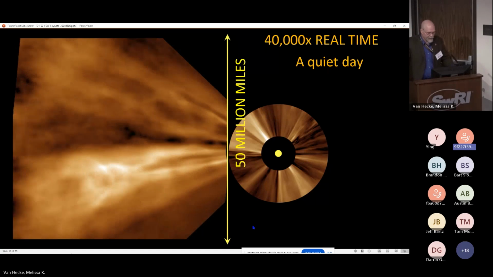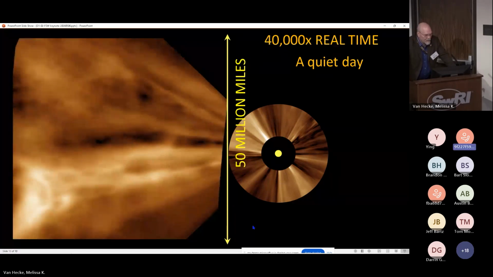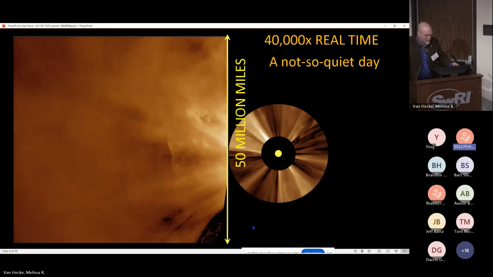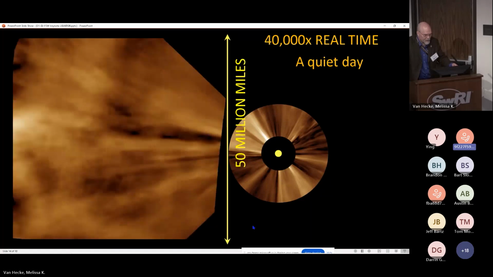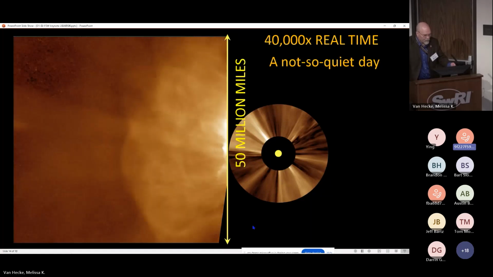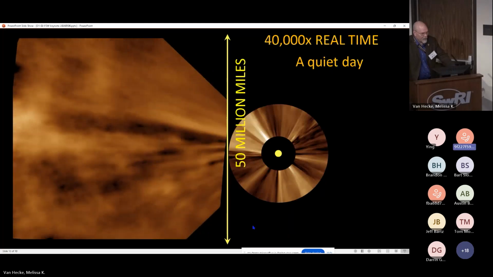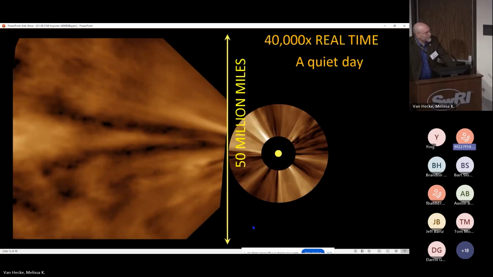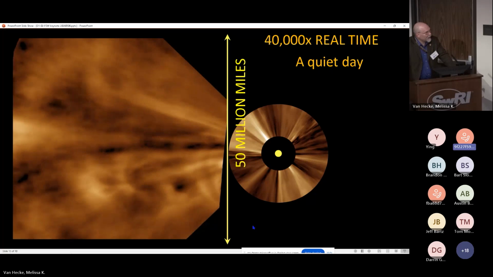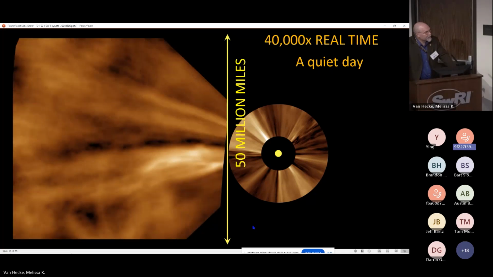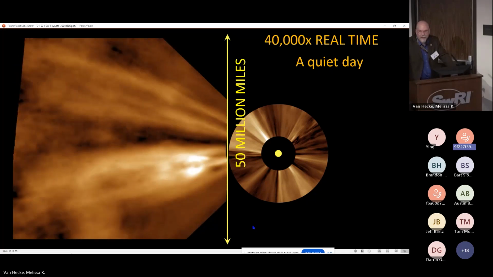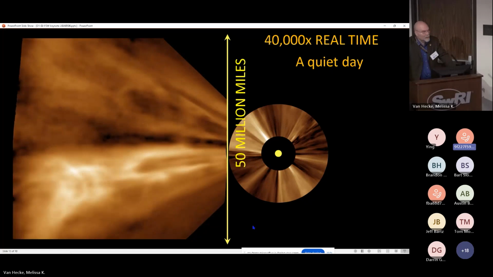What happens a little farther away from the sun is, whoops, I thought I had some markup on here, but I don't, so I'll just call it out. Let's go back. There. Down near the base of this outer region, right near the label, 50 million miles, you can see the remnants of those striations, the radial lines.